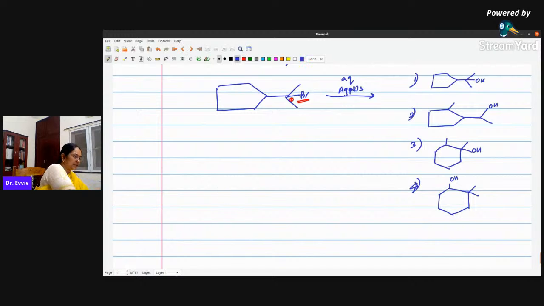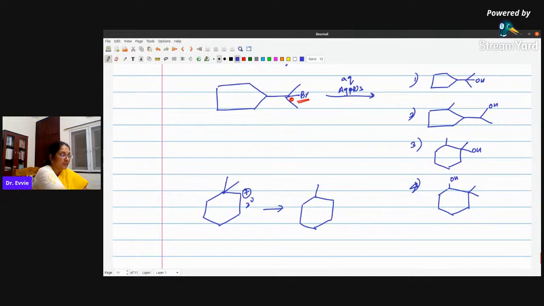So the ring expansion would look like this. A plus charge here. See, the plus charge there is a secondary one, so it can move to this position, which is tertiary.